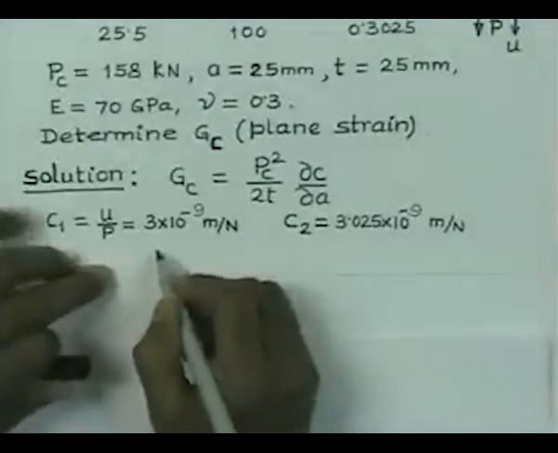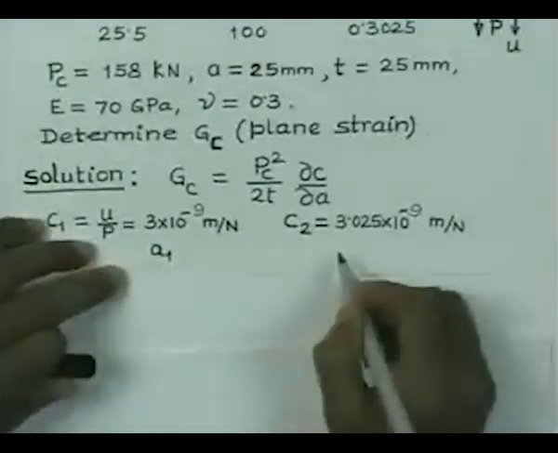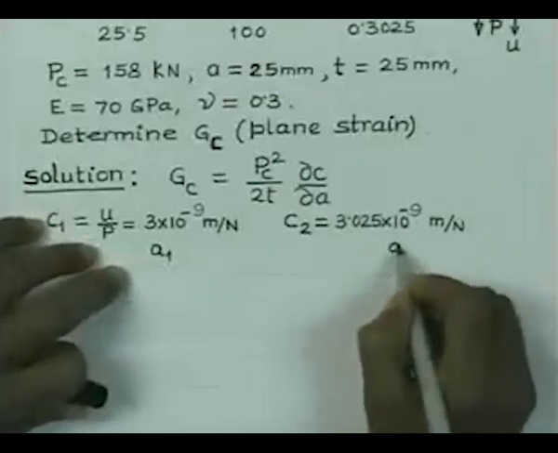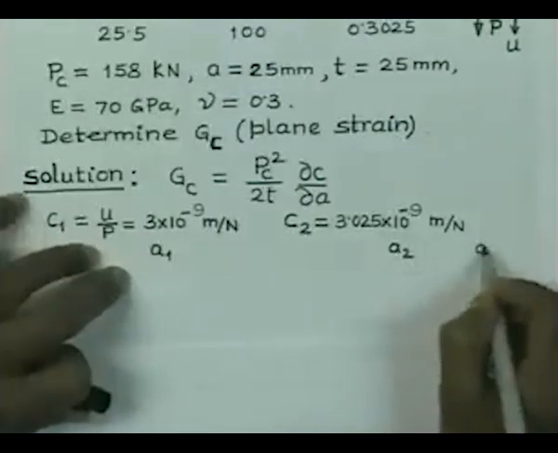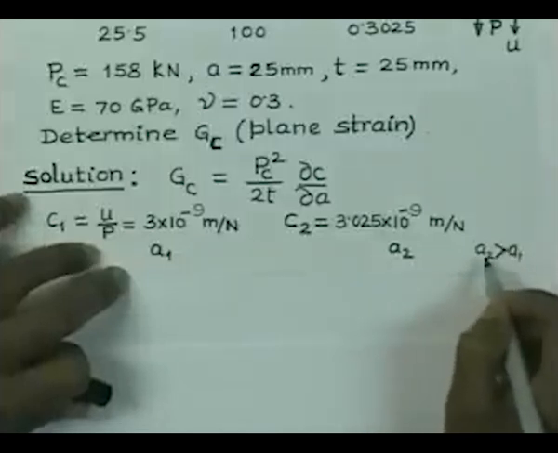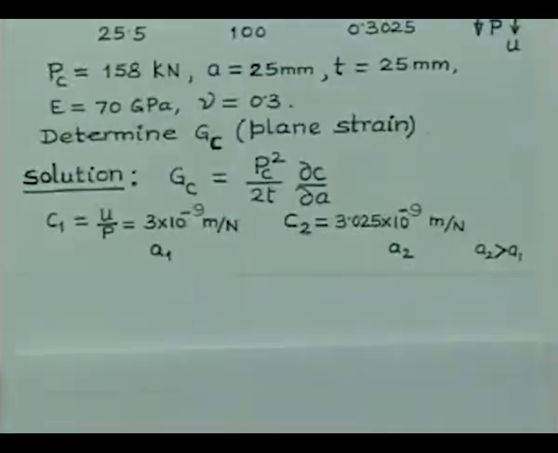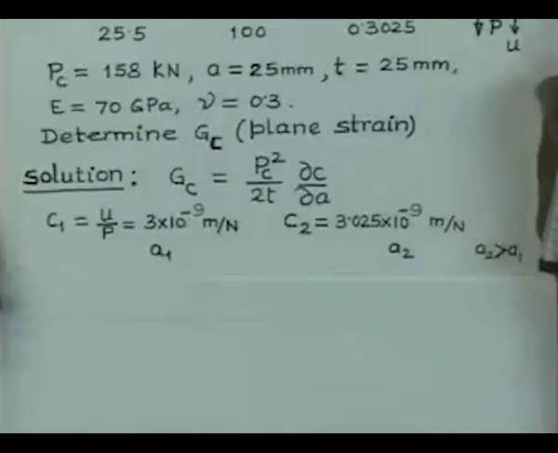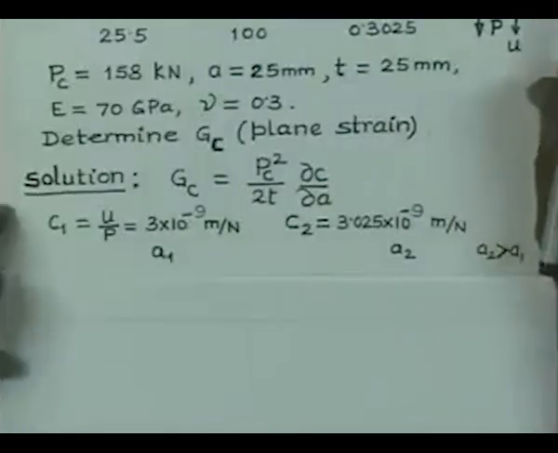Now, the first compliance corresponds to crack length A1 and the second one corresponds to crack length A2. Here A2 is greater than A1. So, the compliance in the case of the larger crack length is higher. So, if we calculate by finite difference the difference in compliance and then take the ratio delta C delta A, we get the following.